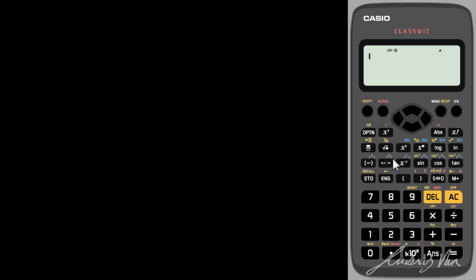Then for cube root, we press shift and the square root, which will give us cube root. And lastly, sine inverse, we press shift and sine, that will give us sine inverse. So all the shift keys are yellow. You can see if you press shift, you can get cosine inverse. So this is how to use the shift key of the calculator.